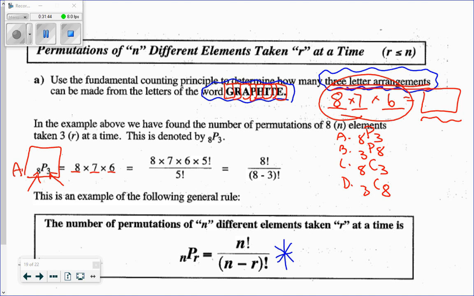But let's just say we know it's not that, not because you know what C stands for, but I want you to understand why that is impossible. The first number is the number of objects you have. The second number is the number that you are arranging. Is it possible to arrange 8 things if you only have 3? And because you see the word arrangement in the question, it has to be a P.